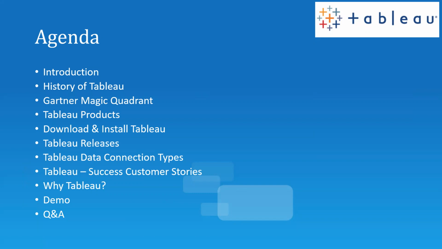There are many products in Tableau, and I'll talk about those. I'll explain how to download and install Tableau, with links. I'll also introduce the current release of Tableau and how we can get releases and documentation. And we have two types of data connections in Tableau, which I'll talk about too.